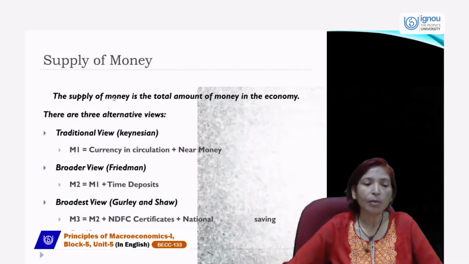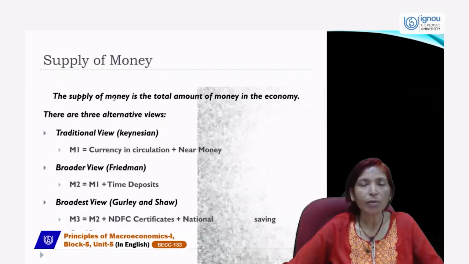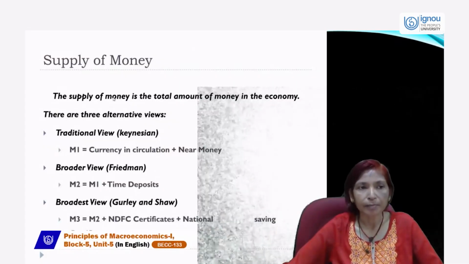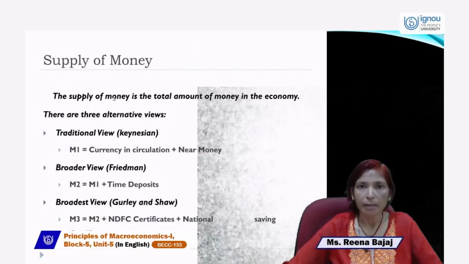All these things are included in the M3 component. First of all, there were only three components in money supply. These three measures were included in money supply.